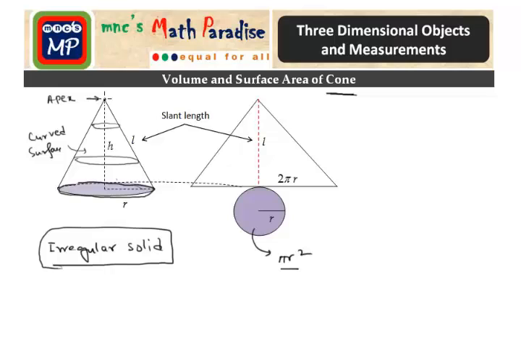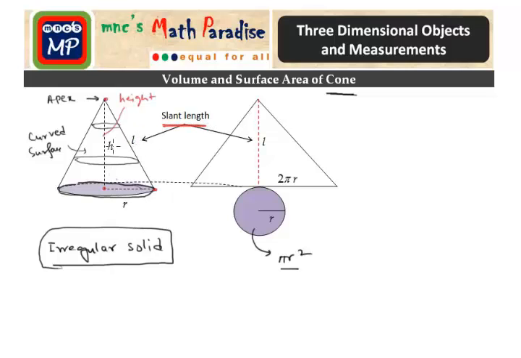From the apex to the base center, this distance is called the height of the cone, and from the apex to one edge of the circular base, this length is called the slant length, L.